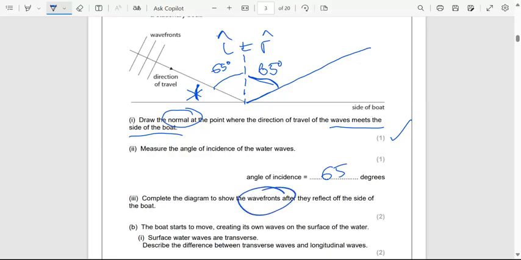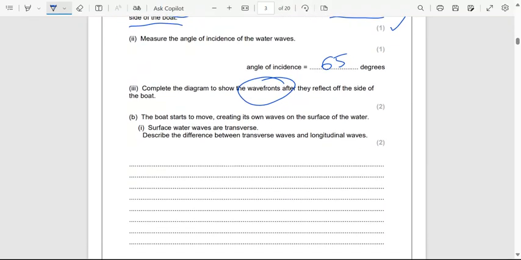Because it asked me to draw the wave fronts, right? So I need to draw some of the wave fronts. Okay, and if you're doing it carefully, then the wavelength should be the same as these wave fronts over here. All right. The final thing that I need to do is indicate the direction of travel by putting an arrow on there, right? Now that's perfect.